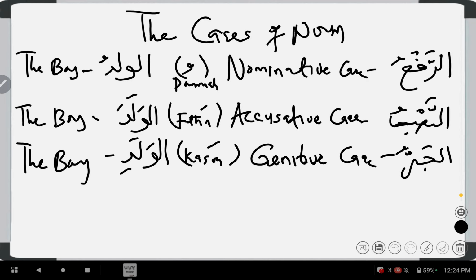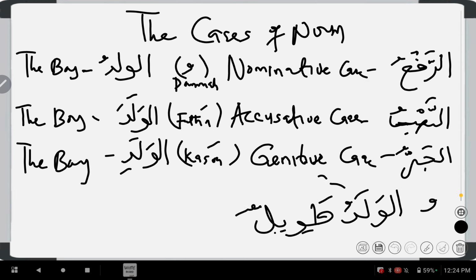If a noun is in the case of being a subject or an object which has not been combined with anything or preceded with anything, it takes dhamma. It takes the case of rafa. The word will end with dhamma, like al-waladu tawilun.